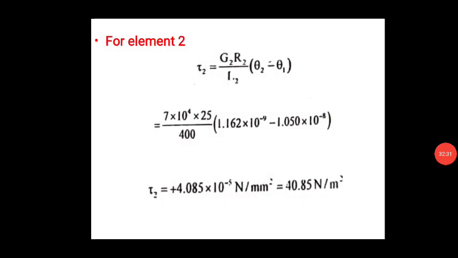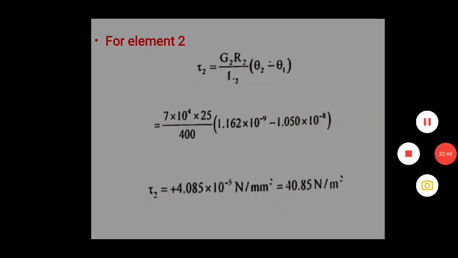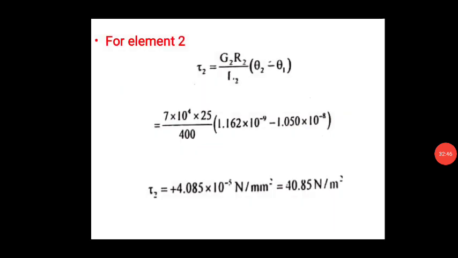And this is the problem. In the next class we will continue with different problems subjected to a combined loading of twisting as well as axial loading. In the next class we will move through 2-3 problems, and we will wind up the topic on analysis of shafts.